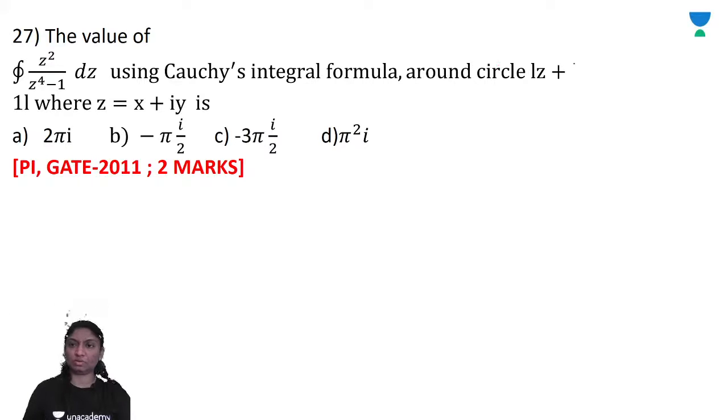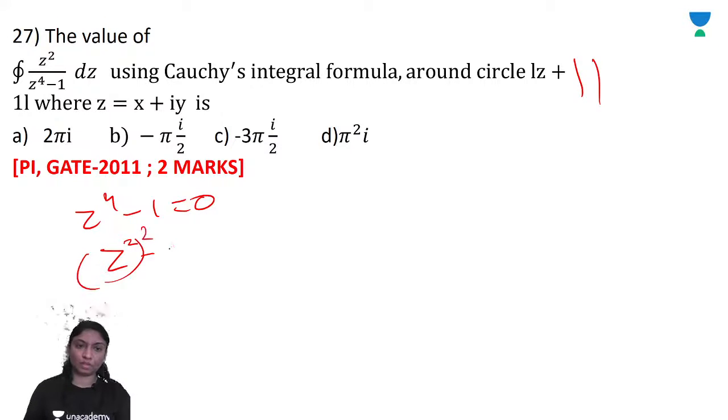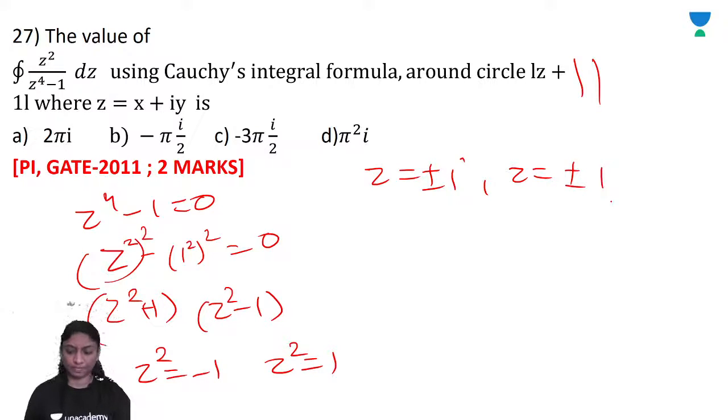We can calculate z raised to 4 minus 1 is equal to 0, so z square minus 1 ... (z square plus 1) into (z square minus 1). z square is equal to minus 1, z square is equal to 1, z is equal to plus or minus i, z is equal to plus or minus 1.